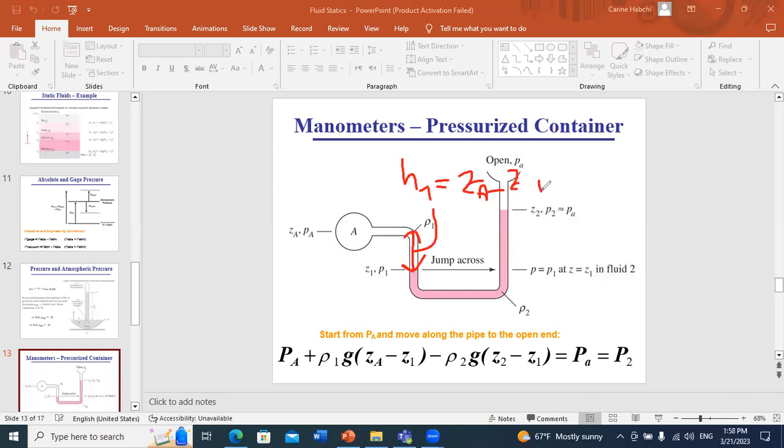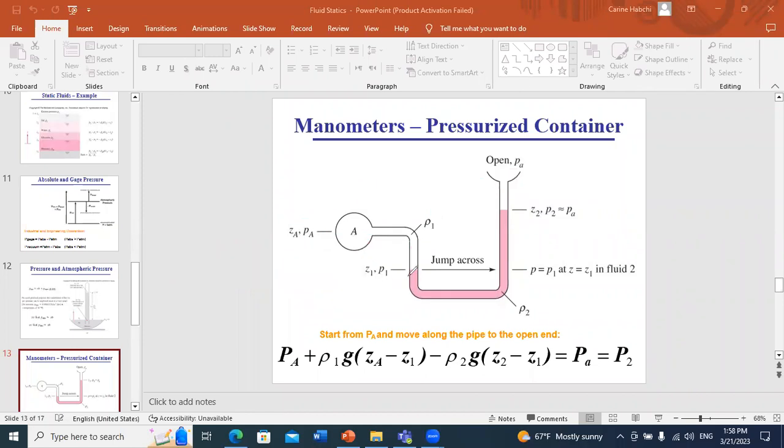First, I know the pressure at this level: P1 at this level is equal to PA, the pressure in fluid 1 at this level. As I move downward a distance H1, P1 will be PA plus rho 1 times G times H1. So now I know the pressure at level P1.